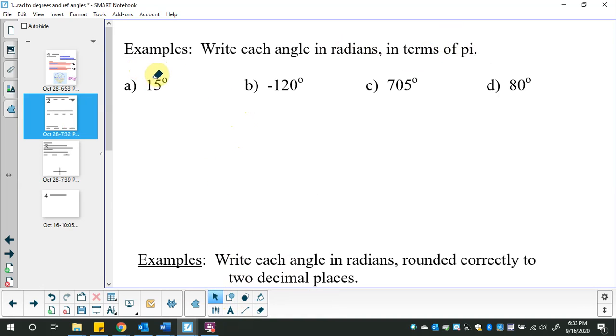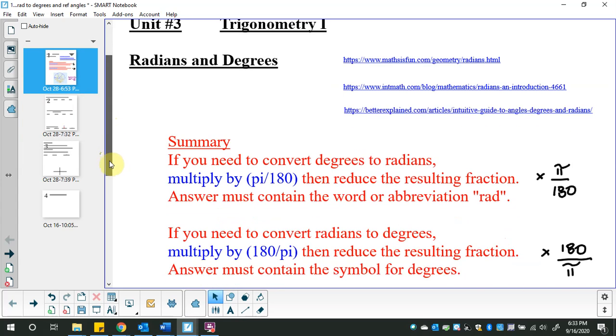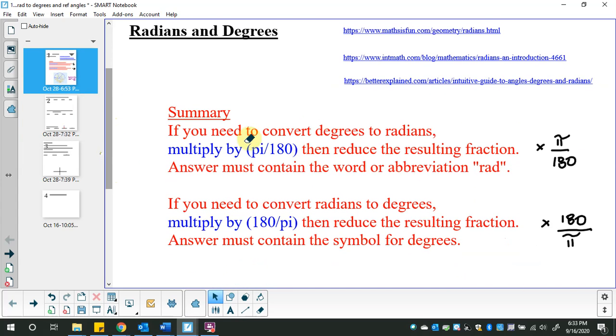I am taking these 4 degree measurements and converting degrees to radians. So that conversion factor is this step, which means I have to multiply by pi over 180, which for me looks like this.